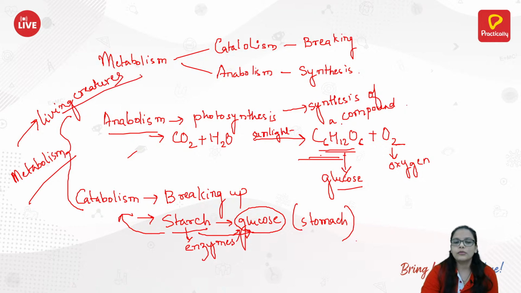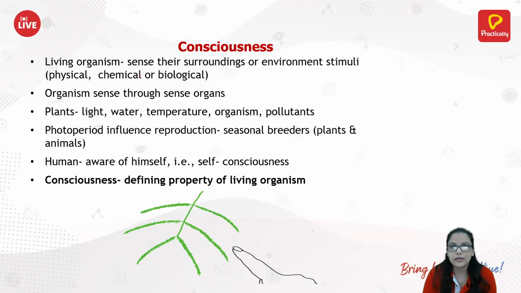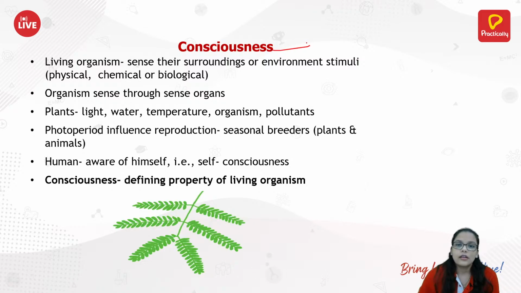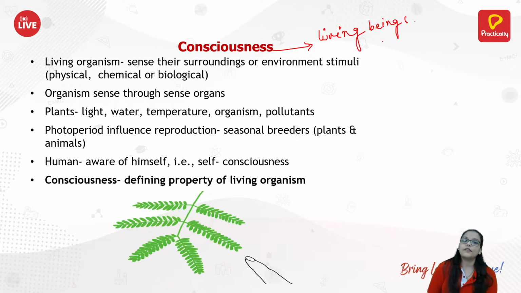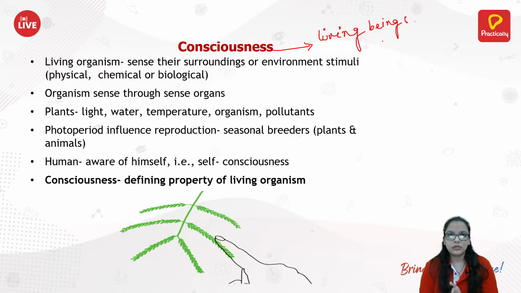Done. Now we'll move on to the next characteristic, which is consciousness. Consciousness is another thing which is a full-fledged thing for living beings. Because this consciousness makes us move.